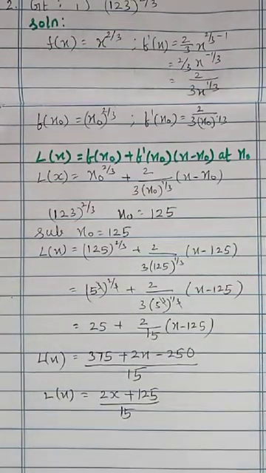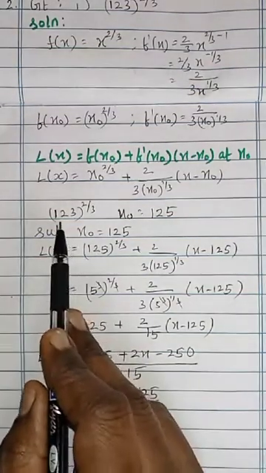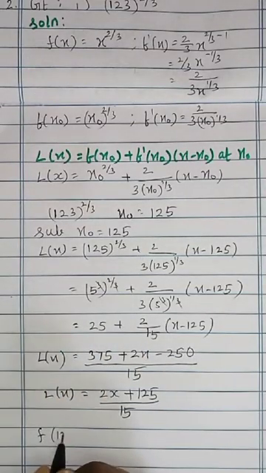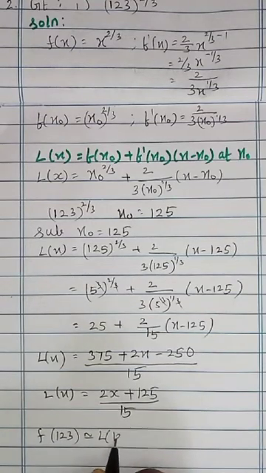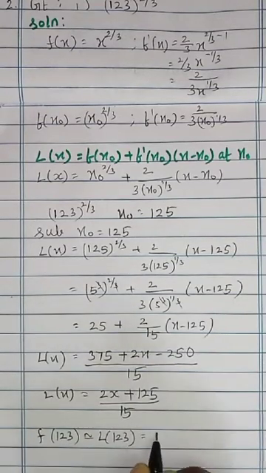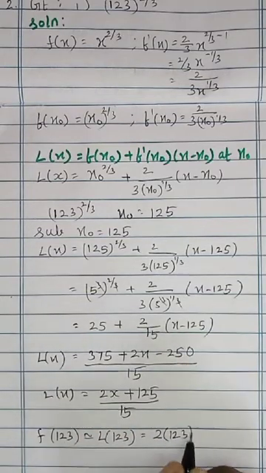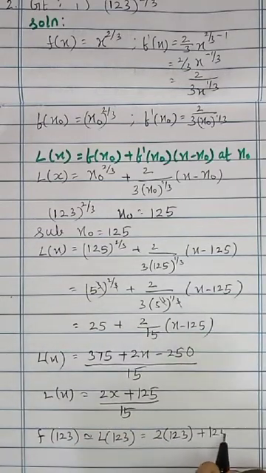But in your question, what is the number given? 123 is given, correct? So we are going to find f of 123, that is the linear approximation, equal to L of 123, that is (2 into, instead of x we substitute 123, plus 125) by 15.